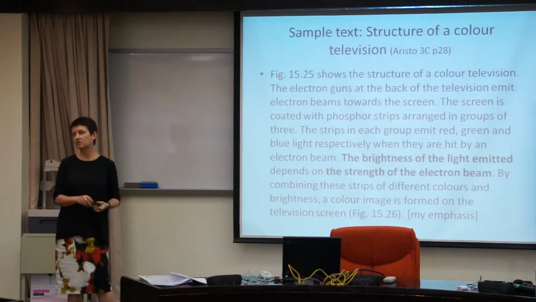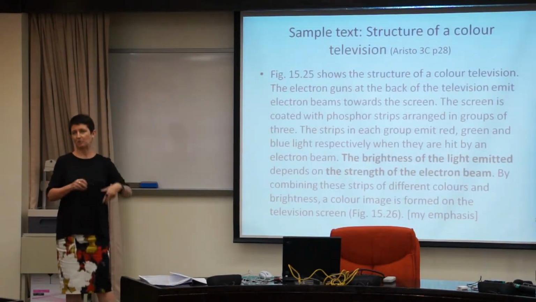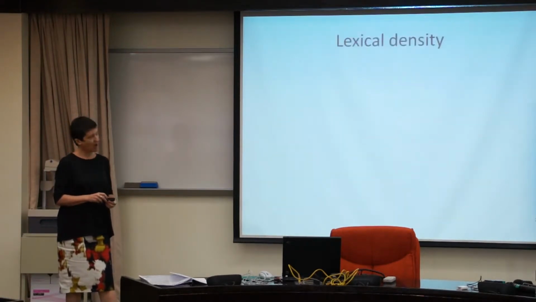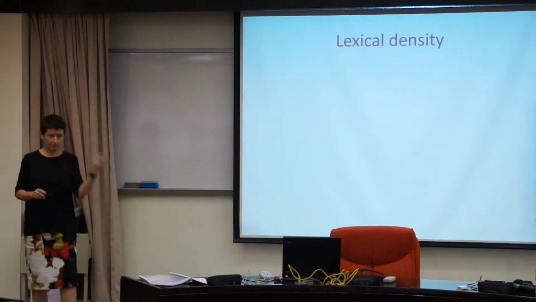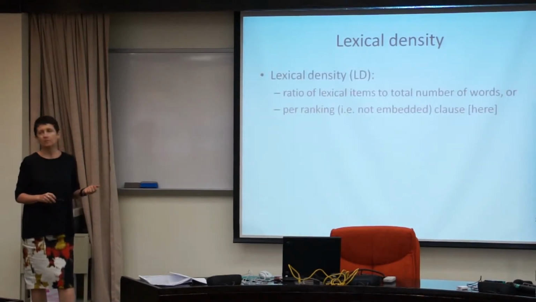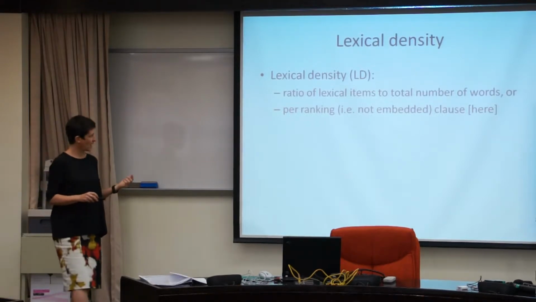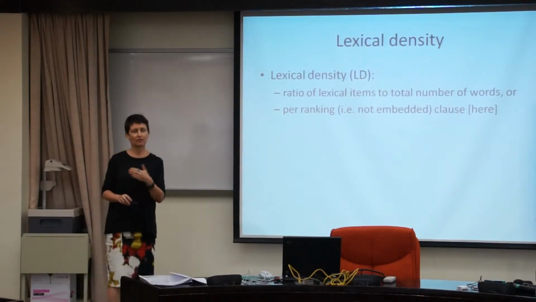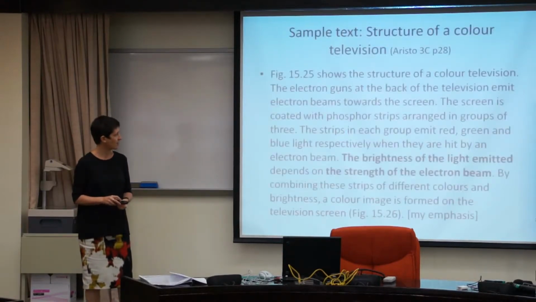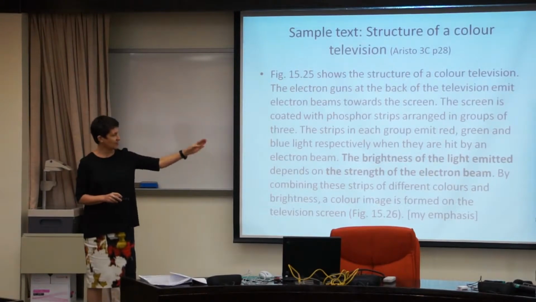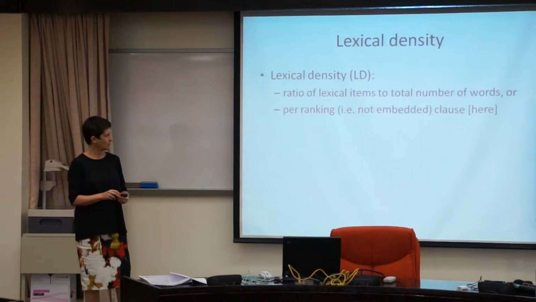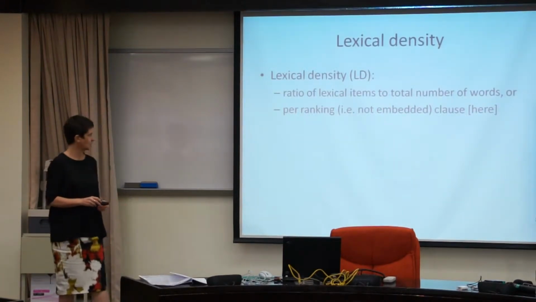And well, how do we do that packing, and how is it described? Very common to talk in terms of lexical density. Primarily, people talk about it in terms of ratio of lexical items, so the content words to total number of words, so therefore brightness, light emitted are your content words, as opposed to non-content or grammatical or function words.